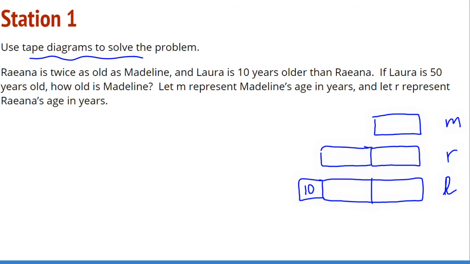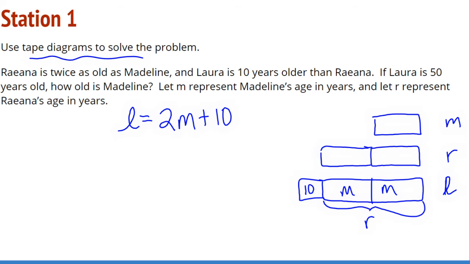So this right here is equal to Raina, and Raina is double Madeline. So I can actually look and say that Laura is equal to double Madeline plus 10.